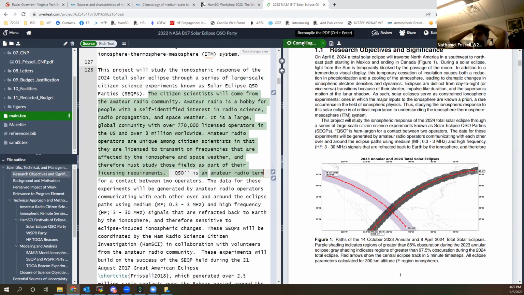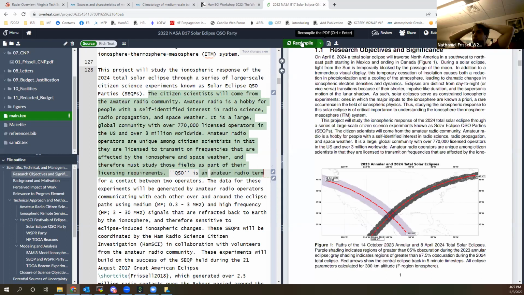Okay, the citizen science. I'm going to read the whole paragraph. This project will study the ionospheric response to the 2024 total solar eclipse through a series of large-scale citizen science experiments known as solar eclipse QSO parties. The citizen scientists will come from the amateur radio community. Amateur radio is a hobby for people with a self-identified interest in radio science, radio propagation, and space weather.